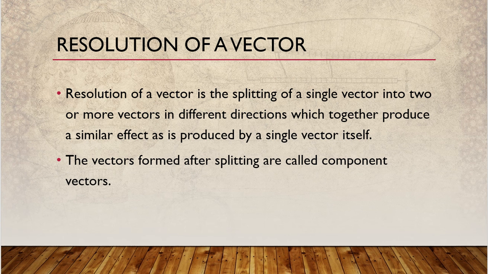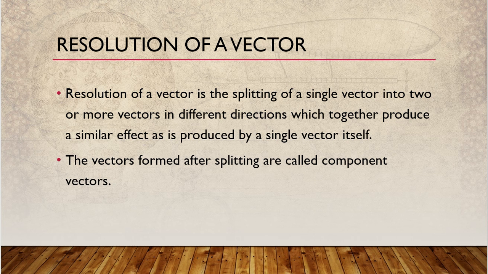Now let us move to the last concept, that is resolution of a vector. What is resolution of a vector? It is nothing but splitting up of a single vector into two or more vectors in different directions.